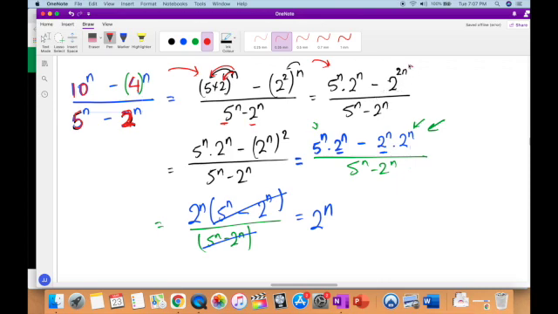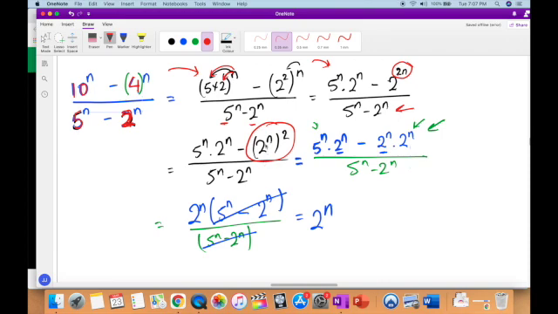I just need to get rid of this 2n, because I don't have anything with 2n under here. That 2n is kind of messing up stuff. I just want n. So I remember, according to the laws of indices, this is the same as this, just 2 times n.